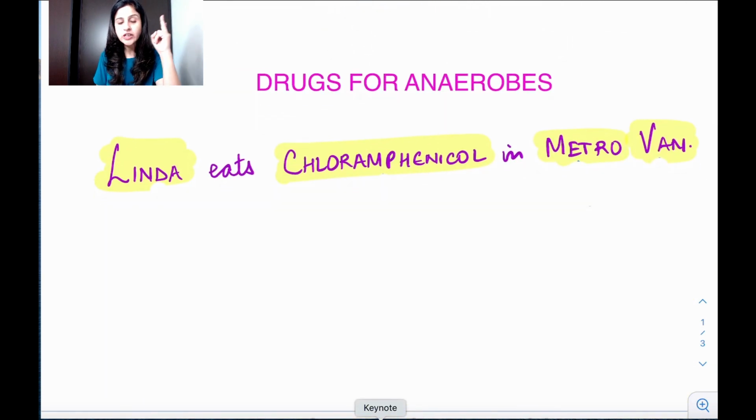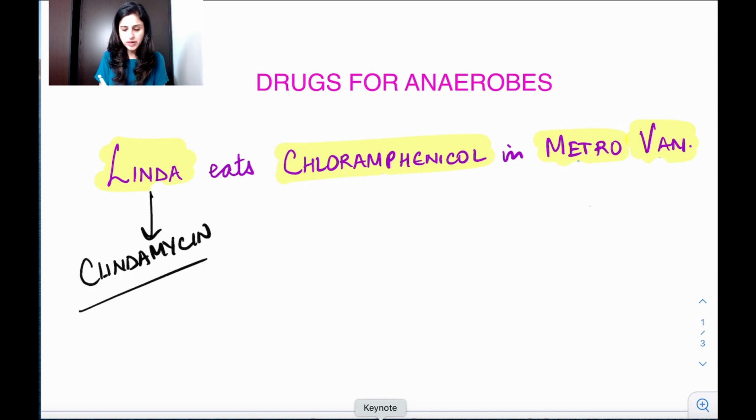Second important thing, drugs acting against the anaerobes. Again very important, which are the drugs which act against anaerobes. So remember this mnemonic, Linda eats chloramphenicol in metro van. Linda eats chloramphenicol in the metro van. So that is your drugs for anaerobic infections. Linda actually is your clindamycin.